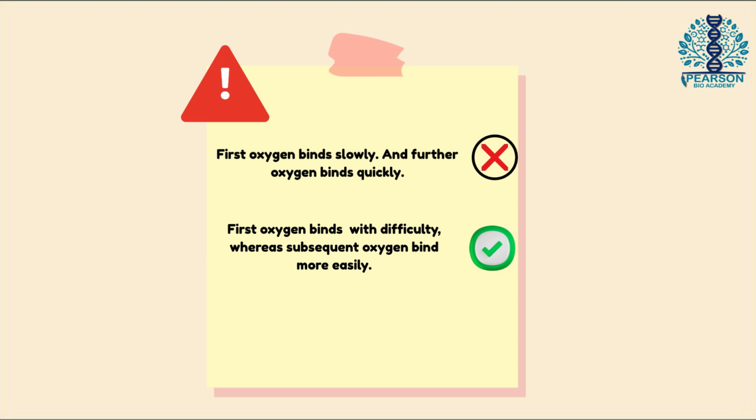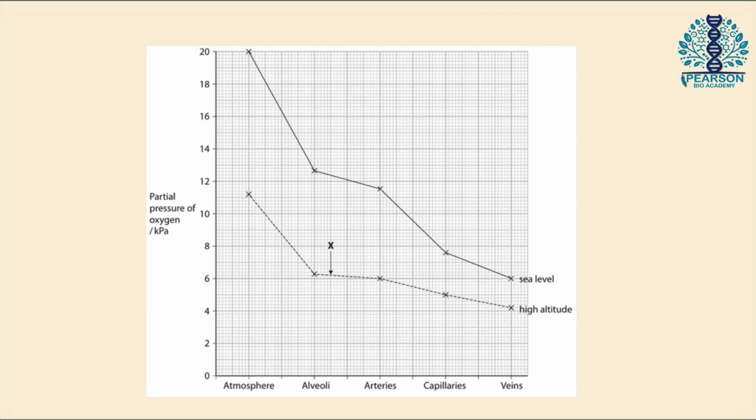The oxygen cascade describes the difference in the partial pressure of oxygen between different blood vessels and the external atmosphere. The graph shows the partial pressure of oxygen for a person at sea level and a person at a high altitude.